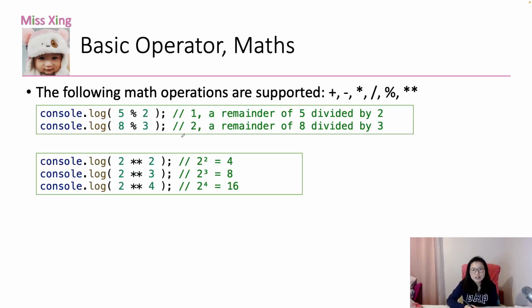We have other math operations which are also supported in JavaScript: plus, sum, subtract, product, divide, and this is the remainder, and this is the power. Here are examples: the remainder of 5 divided by 2 is 1, 8 remainder 3 is 2, and this is how to do the power: 2 power 2 is 4, 2 power 3 is 8. Basic.